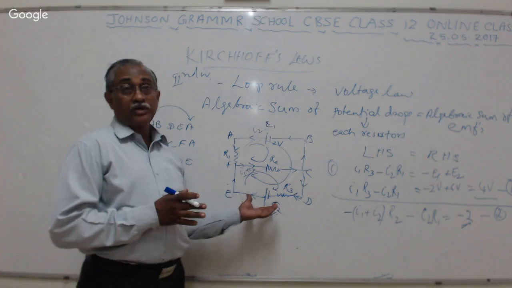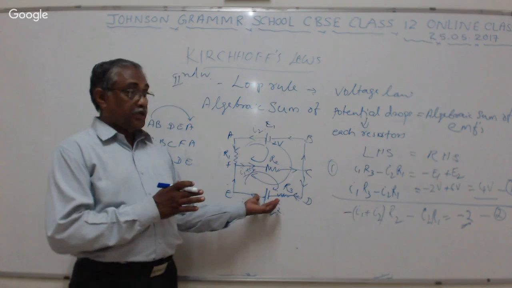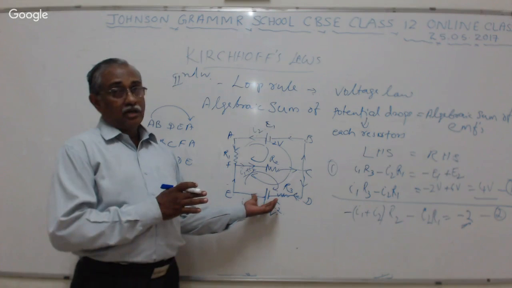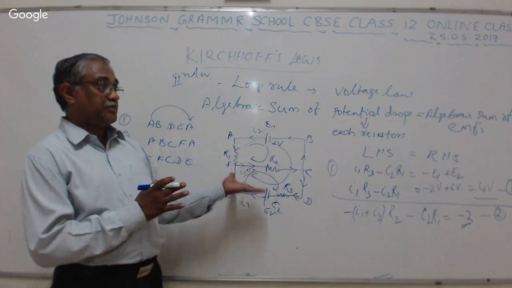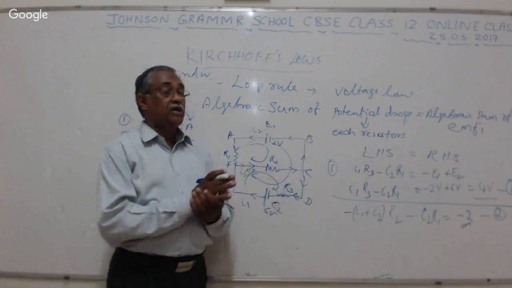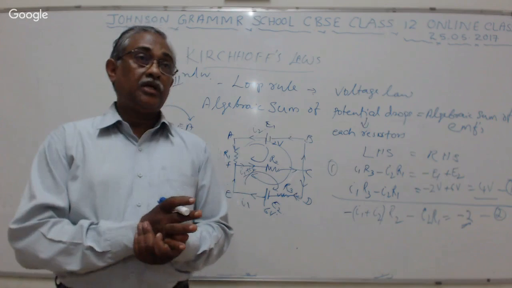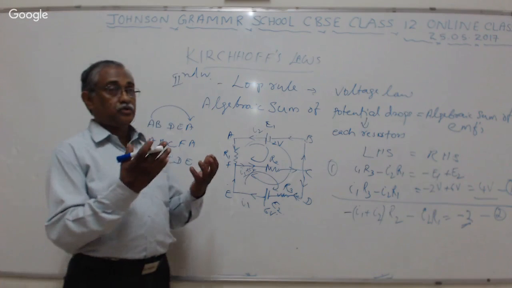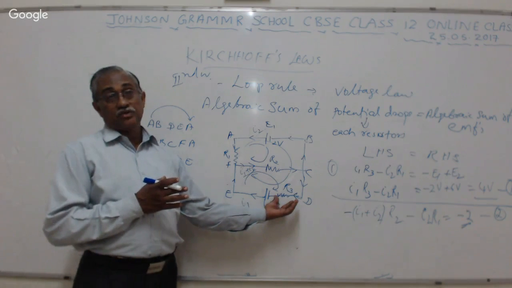If the cell is not connected to the circuit, you don't have a potential difference, right? So when you consider the cell, a potential difference is provided by it, which is the energy provided. When current passes through a resistor, there is a potential drop, and the resistor consumes energy.